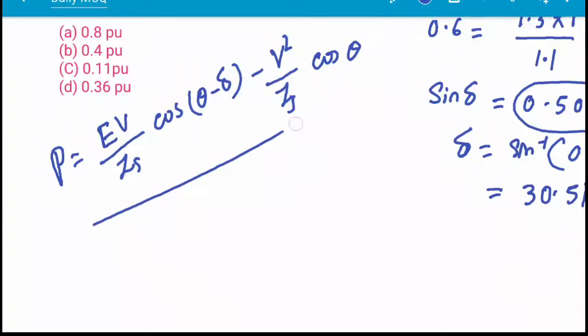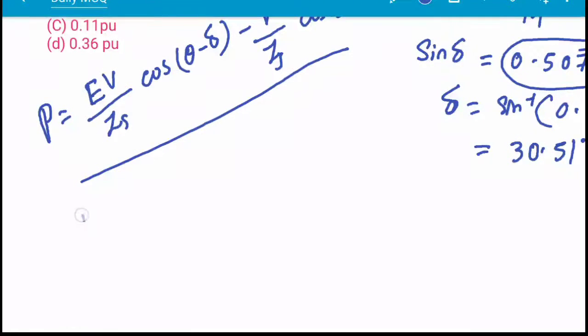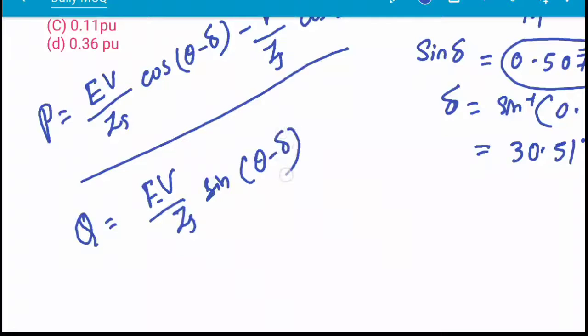This one is the real power, and reactive power is EV by ZS, only the cos is replaced by sine: sine of theta minus delta, minus V square by ZS sine theta.